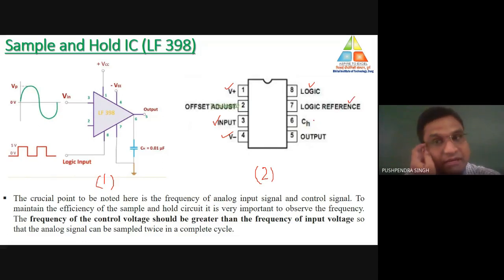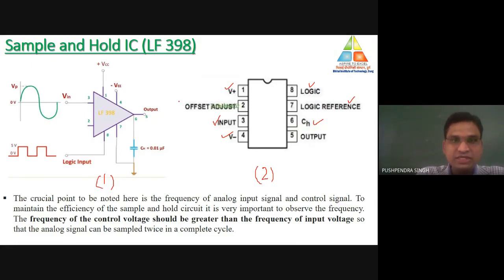With the help of pin number 6, we will connect the hold capacitance. Pin number 6 is to be used to connect the hold capacitor. Why? Because in case of the sample and hold circuit, the main parameter is the capacitor. Only the capacitor will charge and only the capacitor will hold the charges. So charging and holding will be done with the help of the capacitor only. That capacitor will be connected at pin number 6.